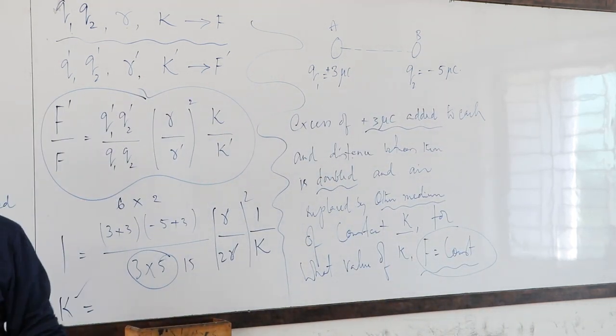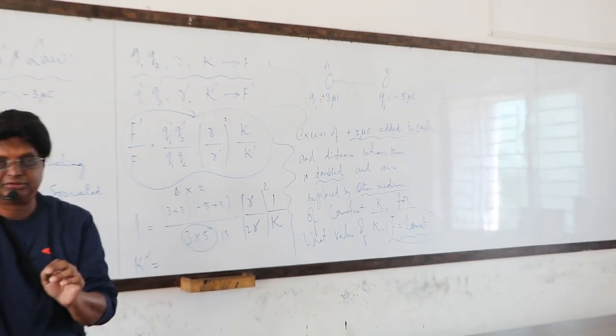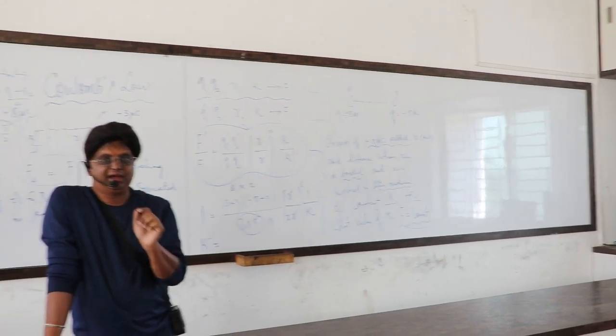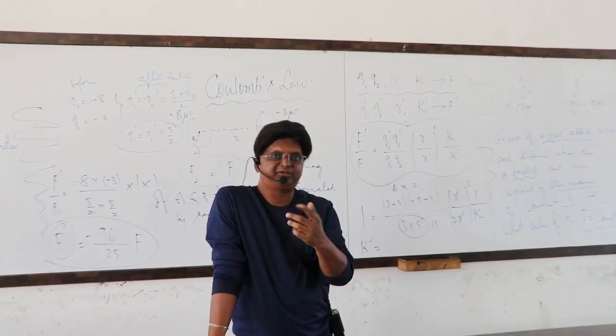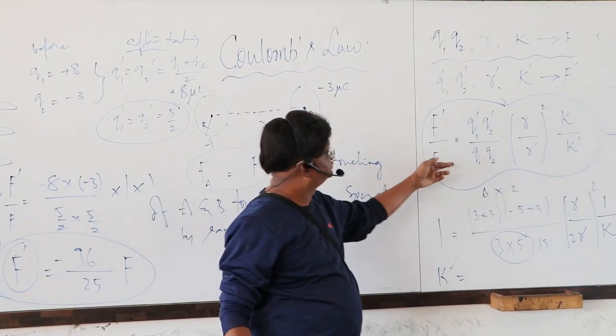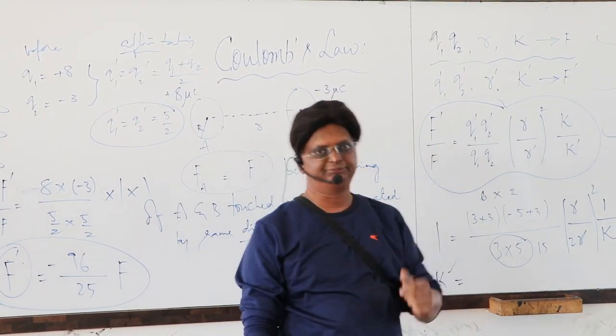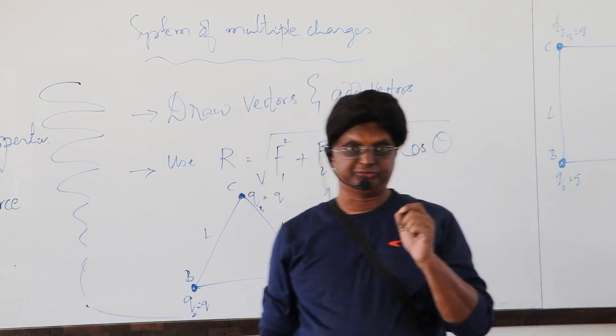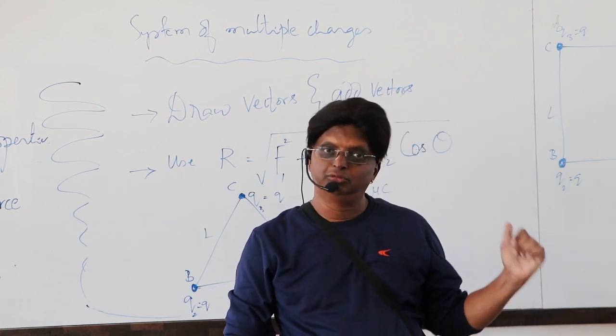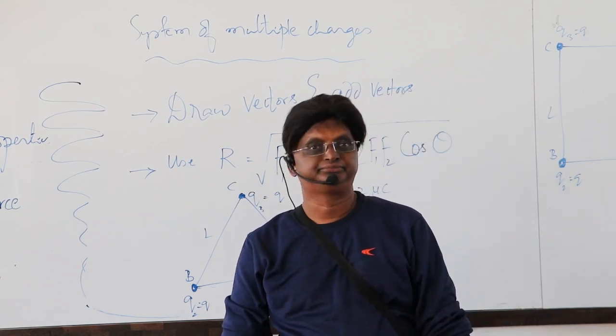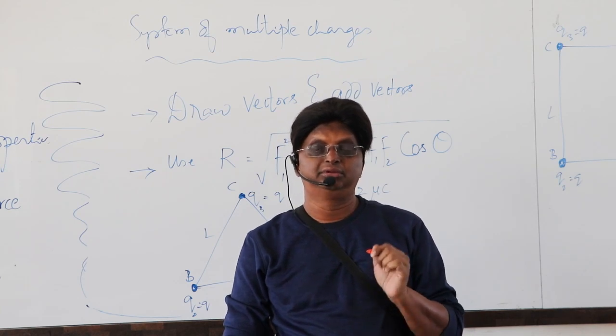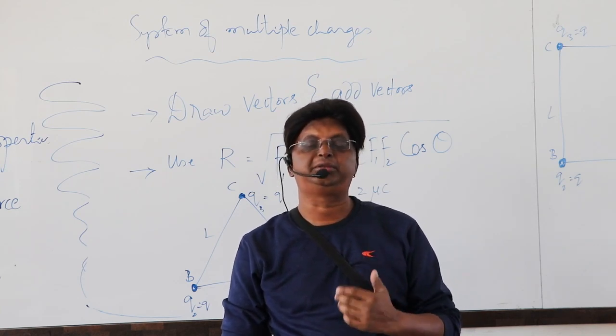So that is all. For any example on Coulombic force, look for the data, see what changes are happening, and substitute in this tool. You will get it. Now let us see one or two simple examples where we use Coulombic force in the vector form. And in this case, it will be a system of multiple charges.